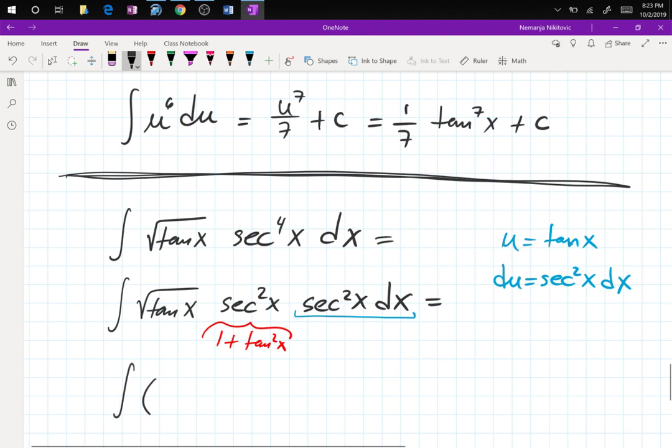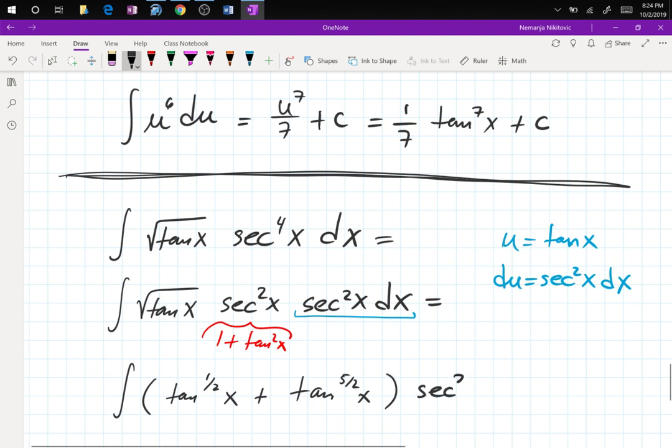So it's the integral of tangent to the 1/2 x, because when you multiply 1 with the tangent to a half, plus now tangent squared, that's 4 halves and 1 is 5 halves, so tangent to the 5/2 x.